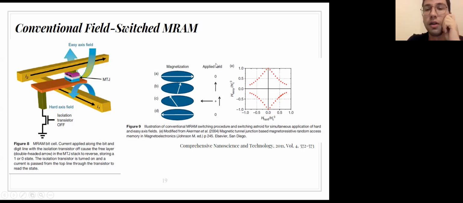Actually, these currents are given simultaneously, which makes it possible to draw this figure here. So we see hard axis. When we have the hard axis field applied, it's easier for us to change the direction here.